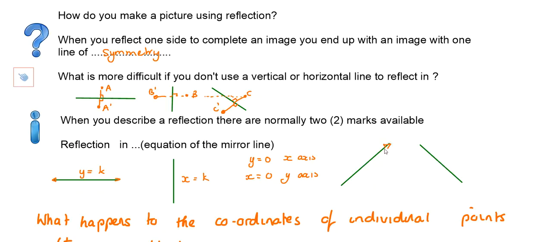Oh, positive. Yeah, so this one would be y equals x, because every coordinate would be like -1, -1, 0, 0, 3, 3, for instance. All the coordinates are the same. This one, going in this direction, would be y equals -x, because the coordinates would be, for instance, 1, -1, and so on. Okay.